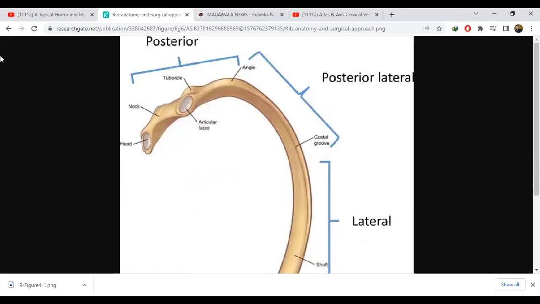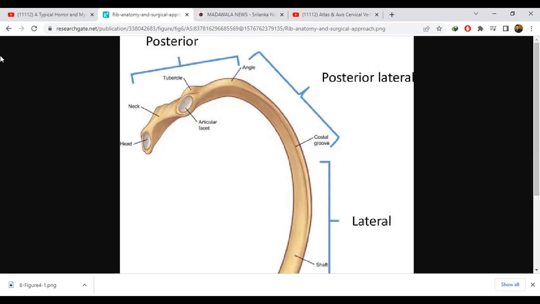This is the rib. In the rib, there are many parts. If you become a doctor, inshallah, you will study all of it. All of these are syllabus in the medical faculty. But for me, it is not there.